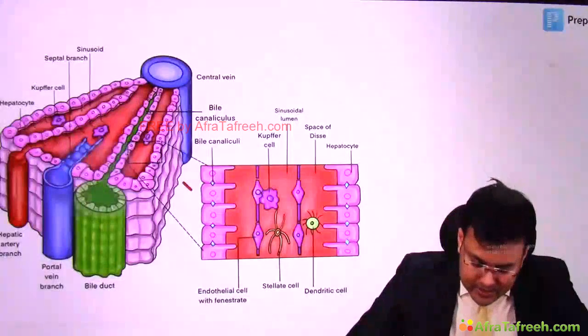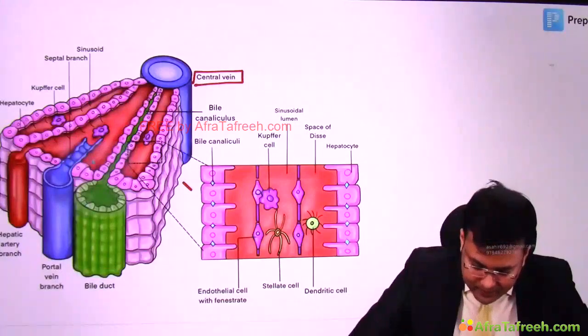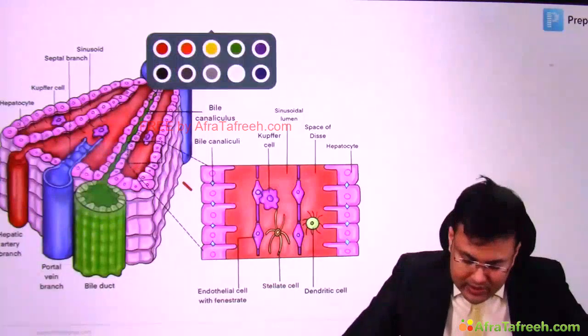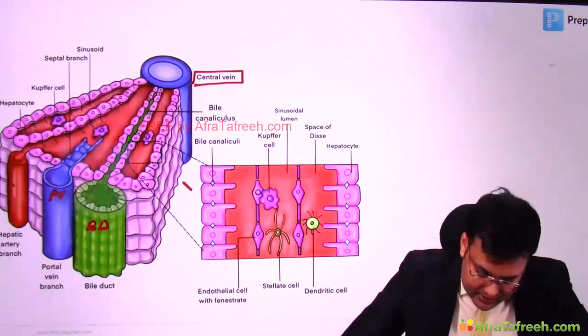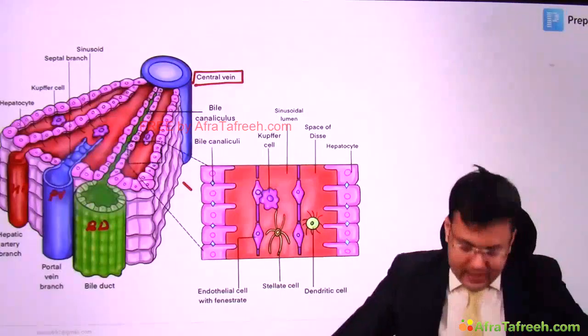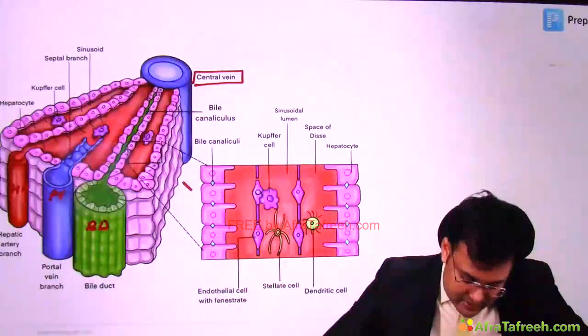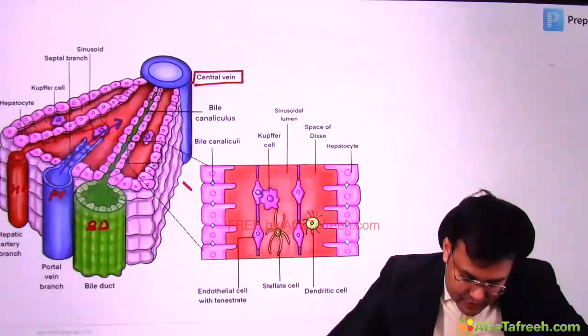Now see this diagram. This is central vein, okay, and this is portal triad. Can you see? This is central vein and this is portal triad. In this portal triad, you can see that this is portal vein, this is bile duct, and this is a branch of hepatic artery. Now see, the blood from portal vein is going into sinusoid, and the blood from hepatic artery is also going into sinusoid.